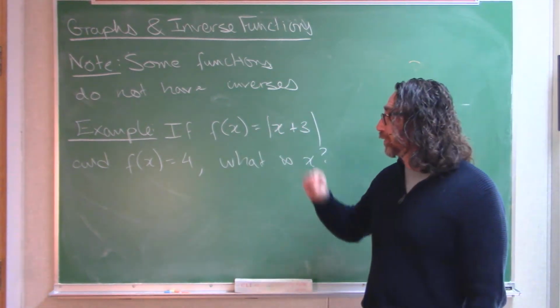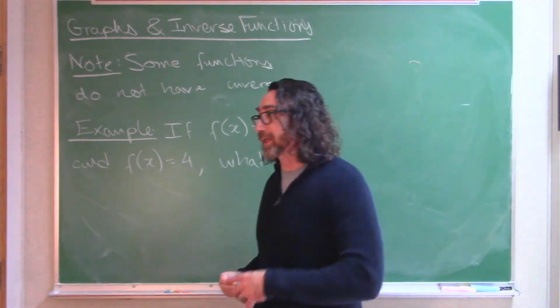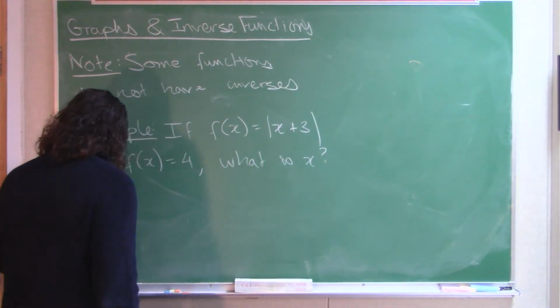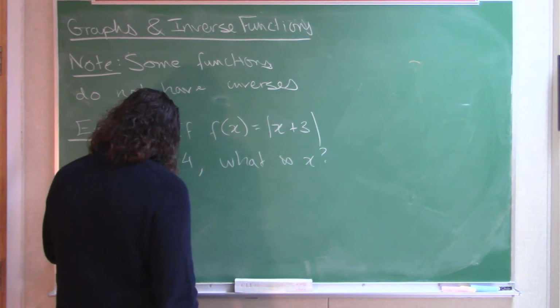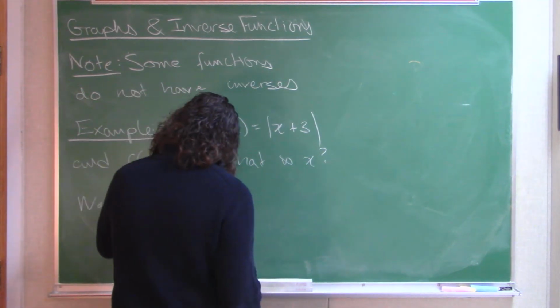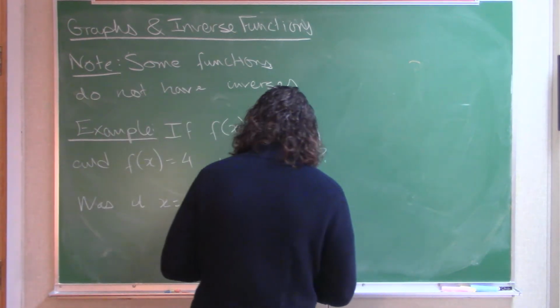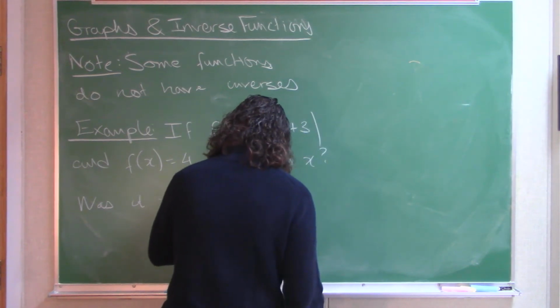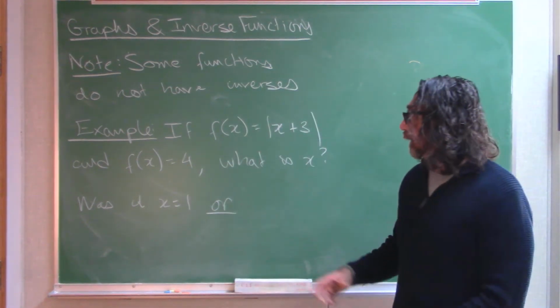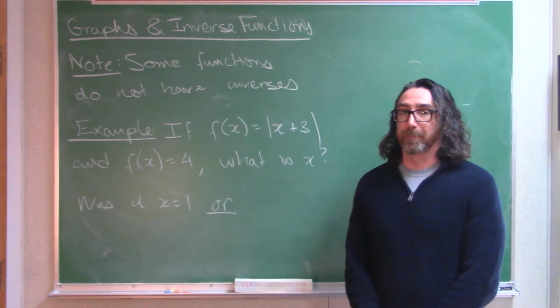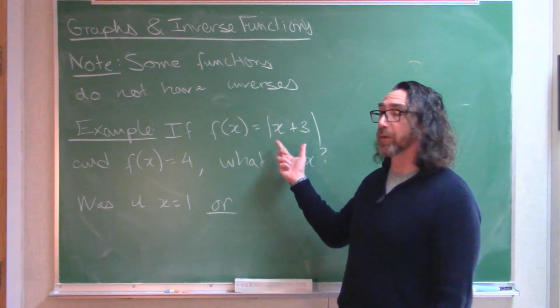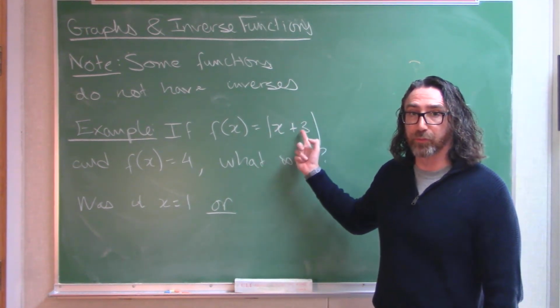Okay, and yes, you could have put in 1, but that's not what I did. I didn't use x equals 1. I put in -7 and got 4. Right? Do the calculation. -7 plus 3 is -4.